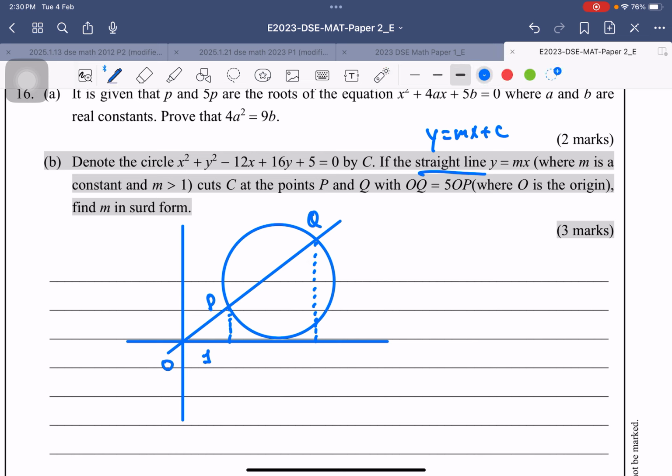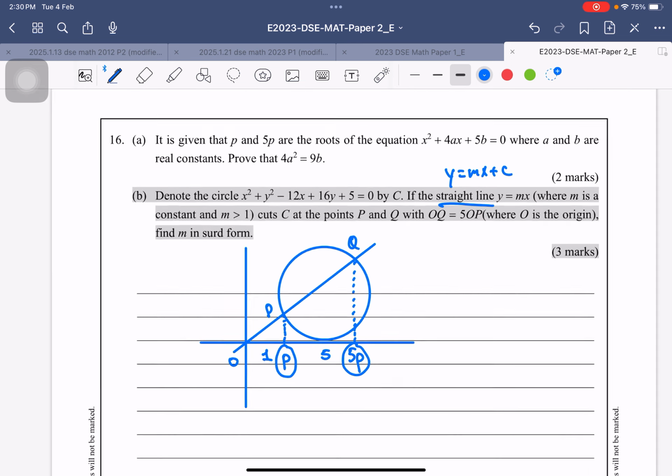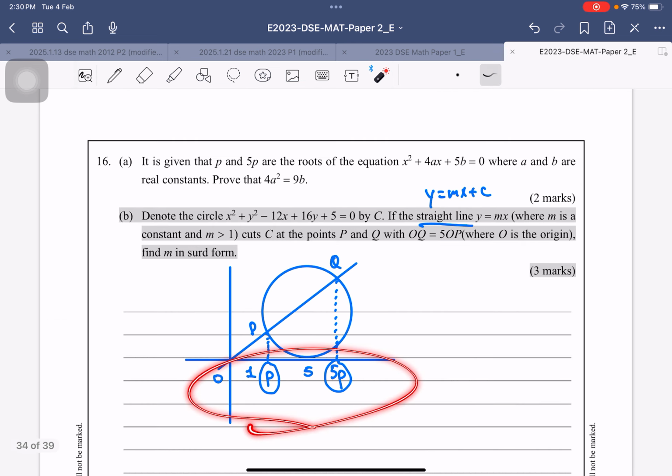If you let the x coordinate of P be small p, then what is the coordinate of Q? 5p. Can you see the relationship between this question and the previous question? The roots are p and 5p.